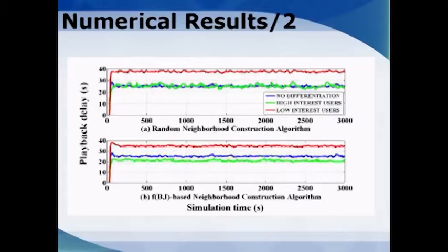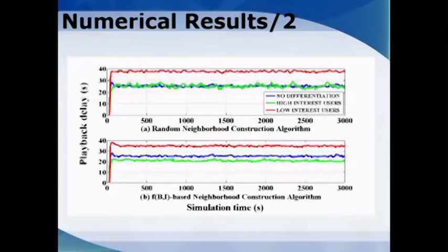Here I consider the playback delay and compare its value for different neighbor construction algorithms: the random one in the figure above and the bandwidth-interest based one in the figure below.